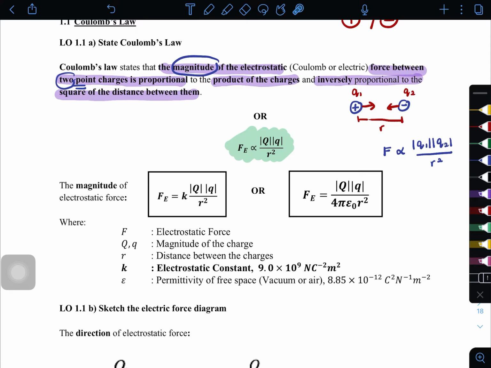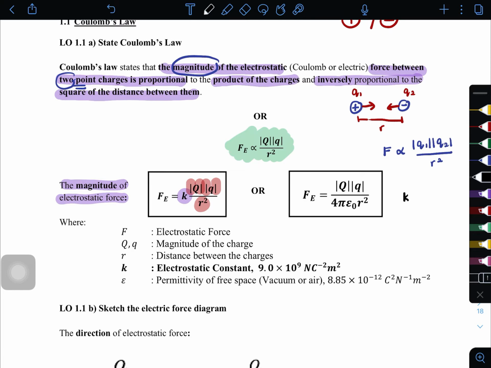If you want to make it an equation to calculate the magnitude of the electrostatic force, you need to put one constant. So we put a constant here: Fe equals k|Q1||Q2| over r squared. If you notice, it is a modulus of Q. The charge, when we put it into this equation, will always be positive. That's why I put modulus, over r squared, where k is the electrostatic constant.